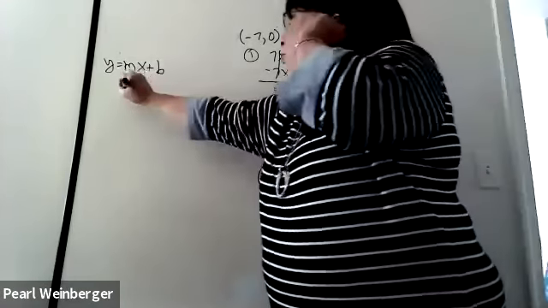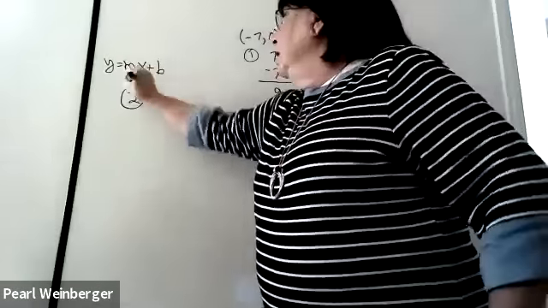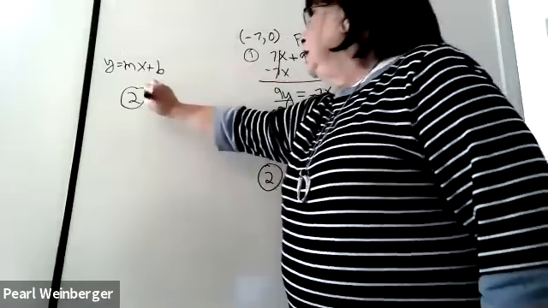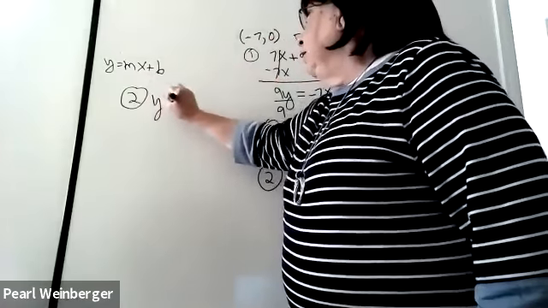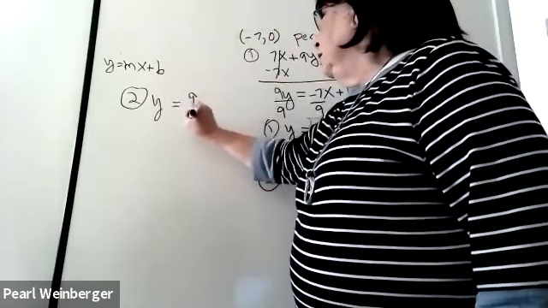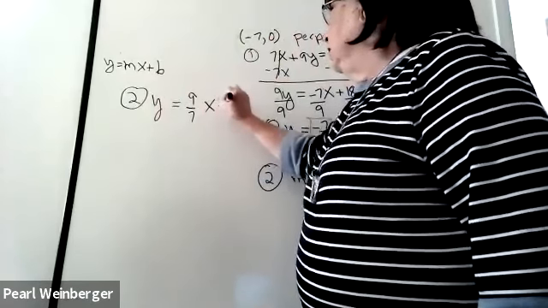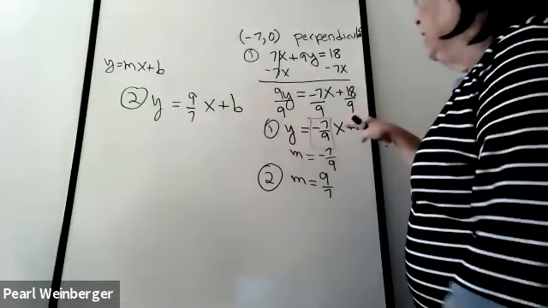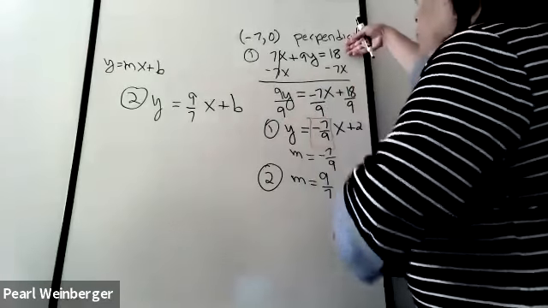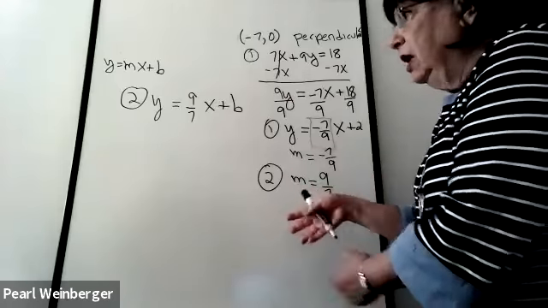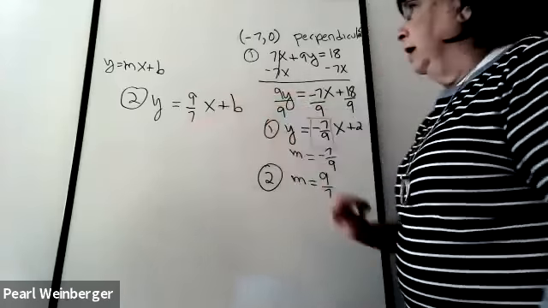So when I go to write the equation of line 2, the line that I'm really interested in finding the equation of, my equation is going to be y equals mx plus b, where the m is 9 over 7. In other words, we had to do all this work over here to find the slope of the original line, so I could flip it over and switch its sign to get the slope of my line.